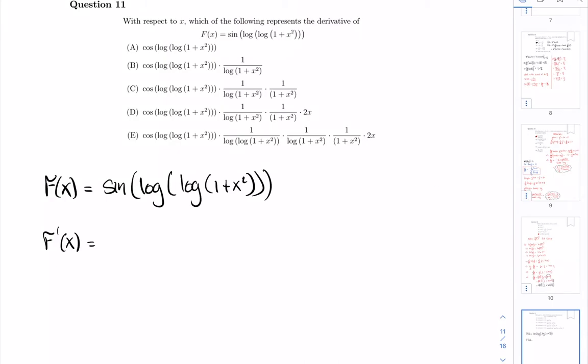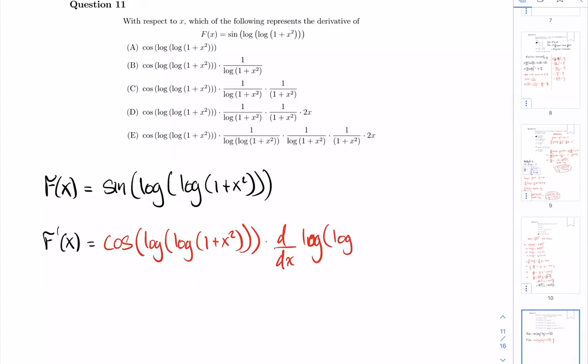So here, we're going to be taking the derivative of our sine function, right, evaluated at the same thing, right? So here I'm going to keep the log of 1 plus x squared, right, times the derivative now of the inner function. So the inner function was the log of 1 plus x squared.